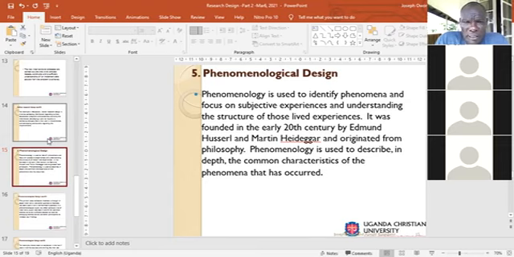This was founded in the early 20th century by Edmund Husserl and Martin Heidegger, and it originated from philosophy. Phenomenology is used to describe in depth the common characteristics of the phenomena that has occurred.